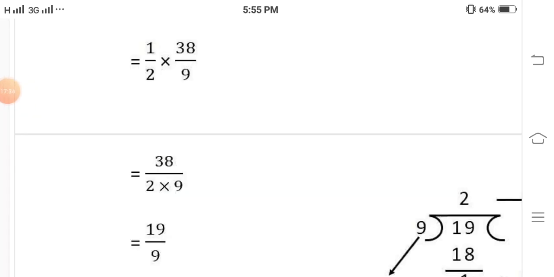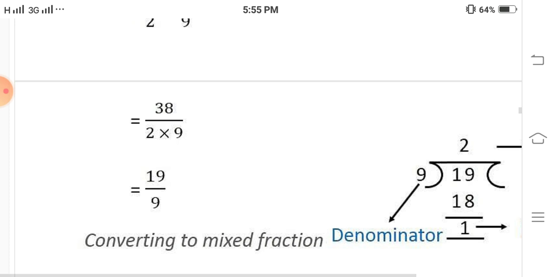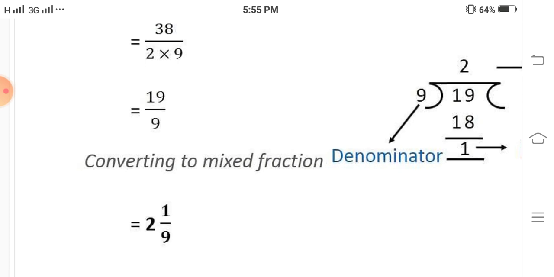One multiplied by 38 is 38 upon 2 multiplied by 9. 38 and 2 cancel out to 19, so it becomes 19 upon 9. Convert it to the mixed fraction, so it becomes 2 1 upon 9. So in this way you have to solve all these sums.